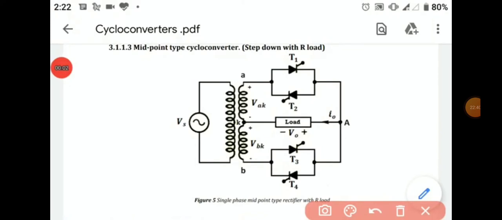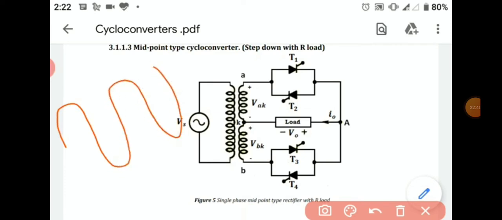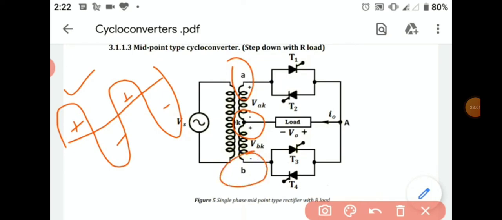Now we will discuss the working of the circuit diagram. As we have studied, the input waveform has alternate positive and negative pulses. So during the first positive pulse, the terminal A will be at positive potential, terminal K will be at the center tap potential, and the terminal B will be at negative potential.